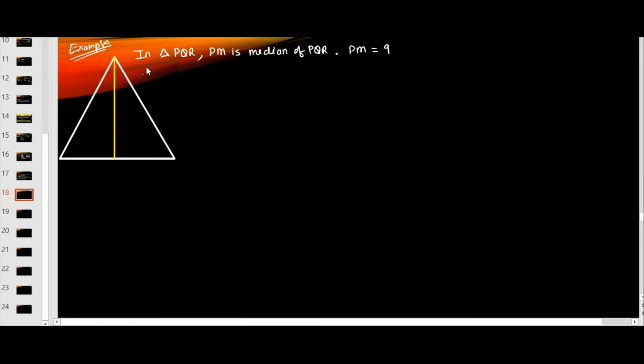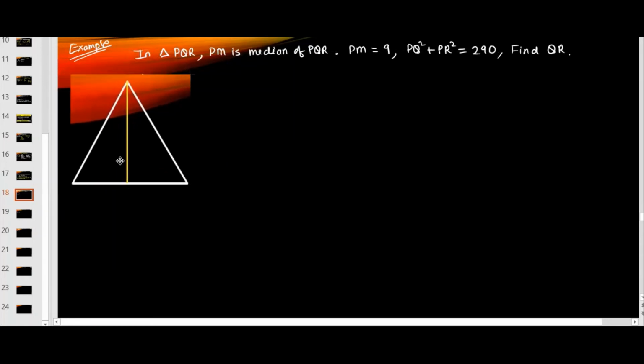There is no unit given to us, it is just the number 9. Then PQ square plus PR square is equal to 90, and you have to find QR. Let us see what values are given for this triangle.